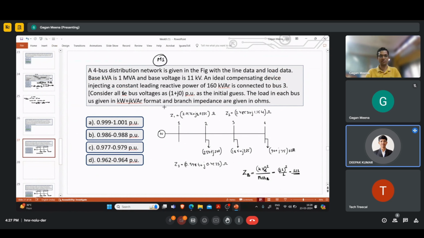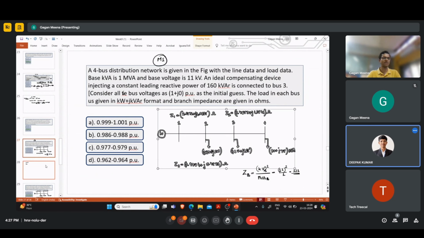How many decimal places should we take during the calculation? We'll take 4.